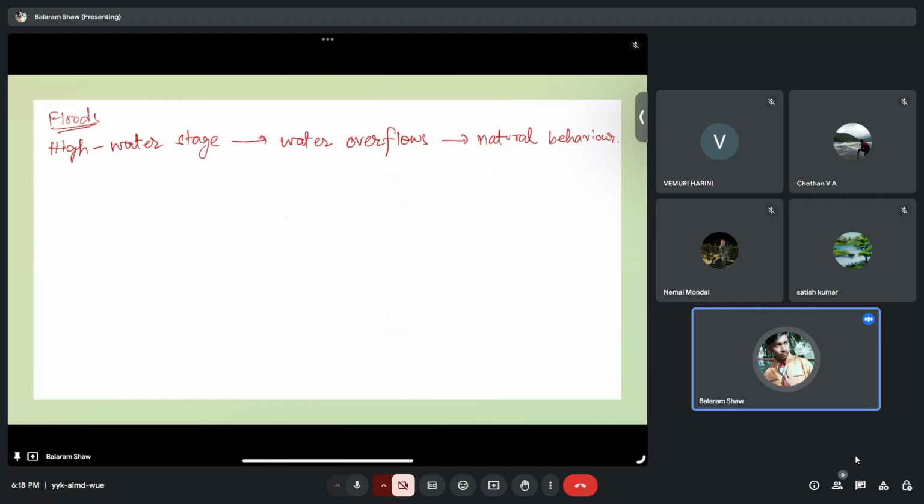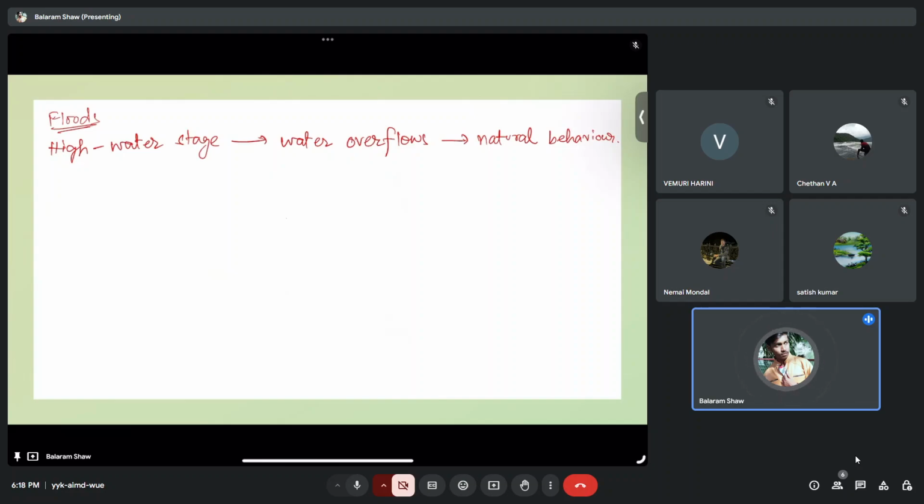According to the World Disaster Report, if you look at the years 2008 to 2017, among all the natural disasters, including droughts, tsunamis, and earthquakes, floods account for 41% of all the known disasters.